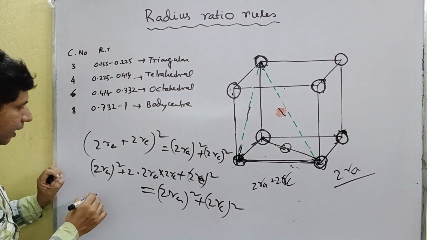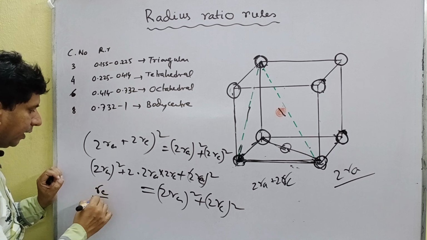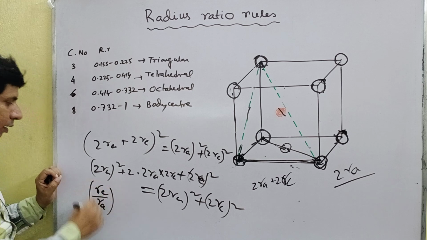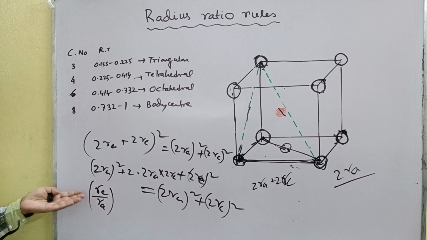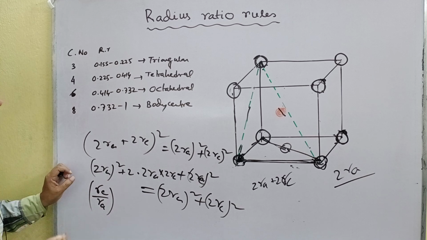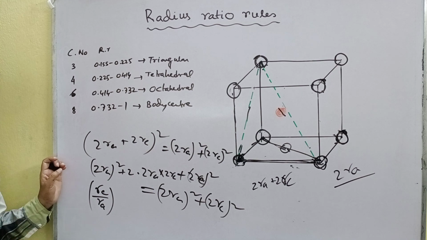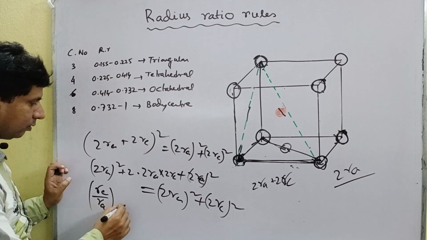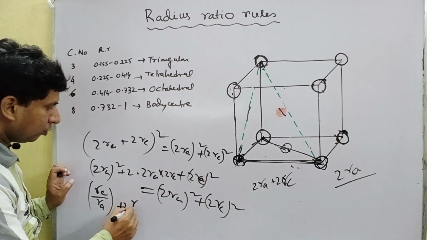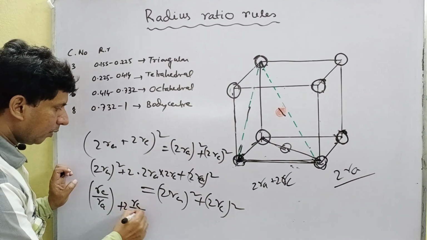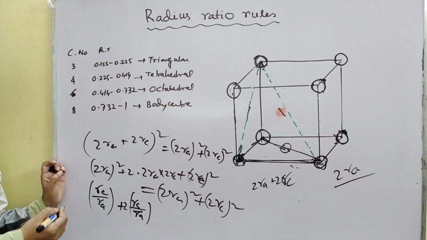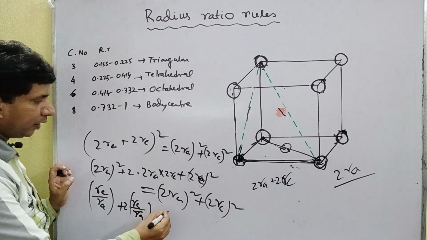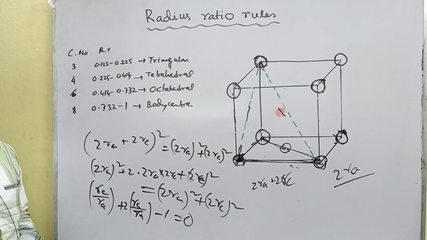Then it remains, if we divide by RA square, (RC by RA) square plus 2 into RC by RA minus 1 equals 0.